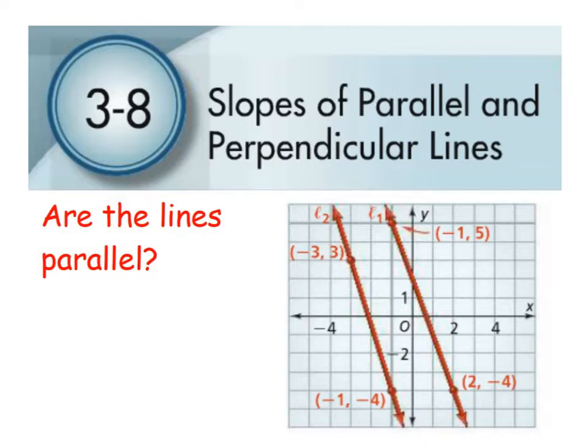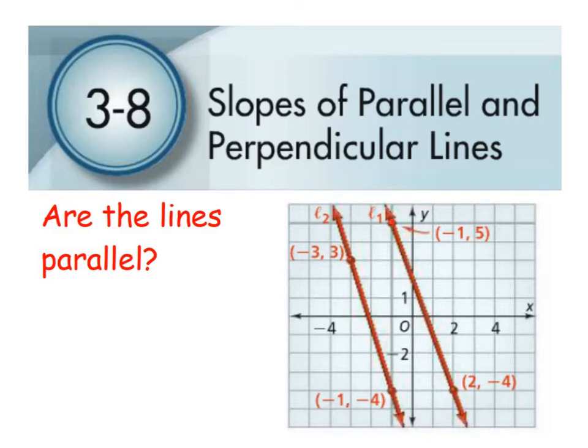Yep, we use the slope to tell for sure. Let's count the rise and the run. Since it's already graphed, I could do my slope formula, but I'm going to just count my rise and run. So I'm going to start with this first line, line 1 here, and I'm going to go left to right and count my slope.